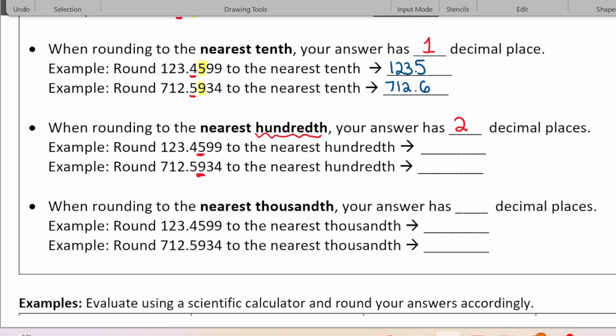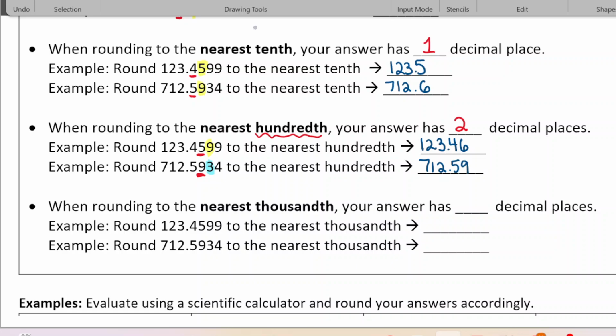Again, we want to look at the number next door and see if we want to let it rest or let it soar. The first example here, we have a 9 next to the 5. That means this is closest to 123.46. We want to bump that 5 up to a 6. Here, though, we have a 3. 3 is lower than 5, so we want to let it rest.